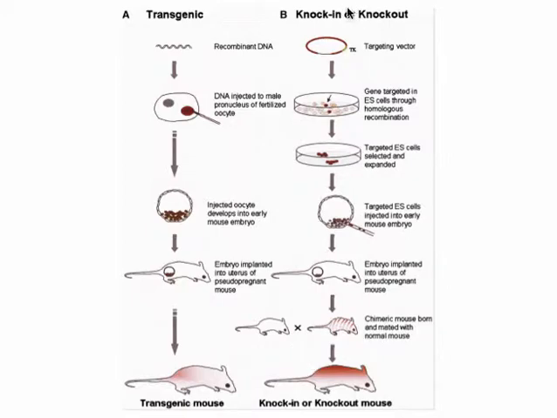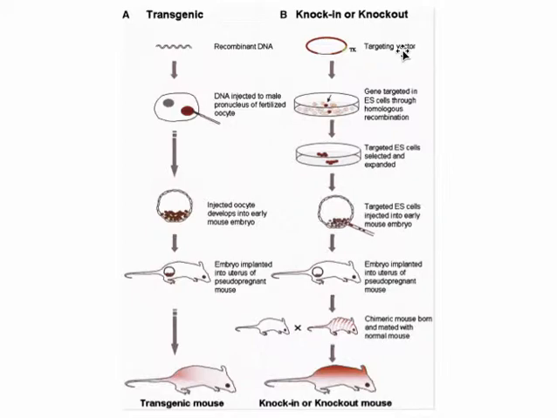We can also do what we call knockouts or knock-ins. A knockout is when, for our gene of interest, we can inactivate it. And we can do that by replacing the gene of interest with an artificial piece of DNA, or we can just disrupt the gene of interest with an artificial piece of, I'm sorry, not RNA, DNA.